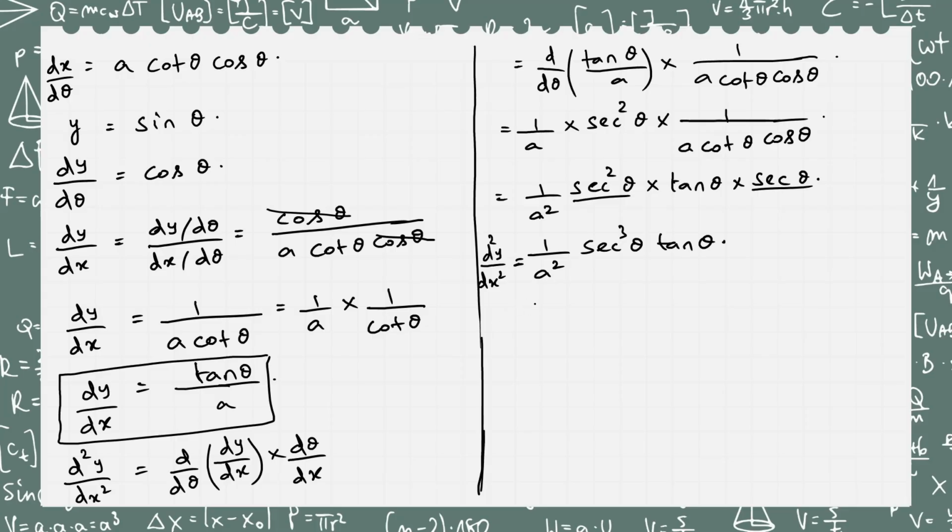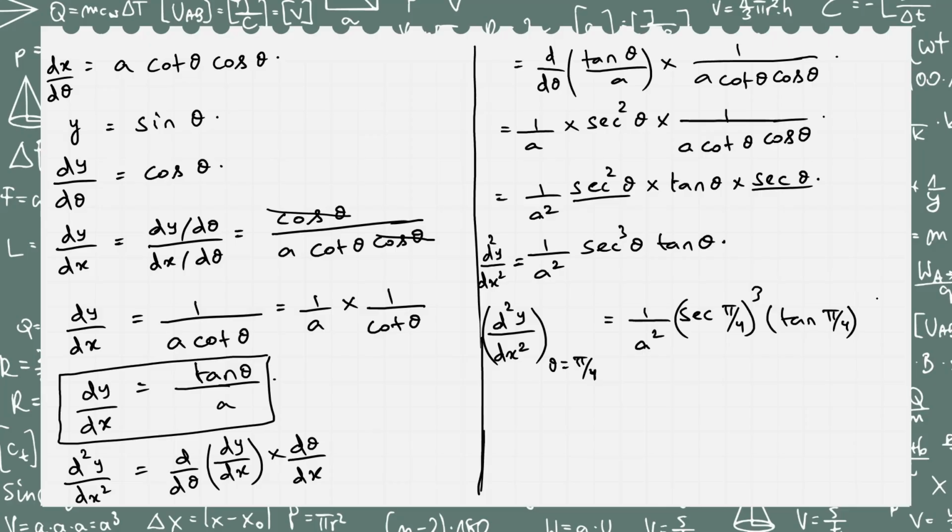But we need to find out d square y by dx square when theta is pi by 4. So d square y by dx square at theta equal to pi by 4 will be equal to 1 by a square secant pi by 4 power 3 into tan pi by 4.